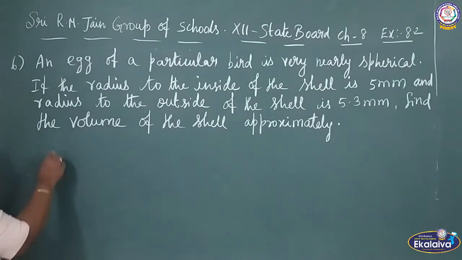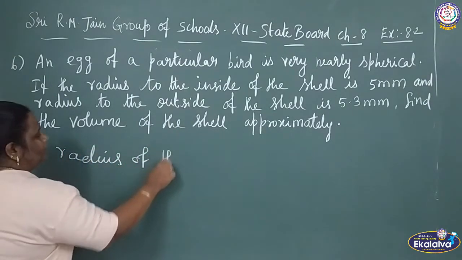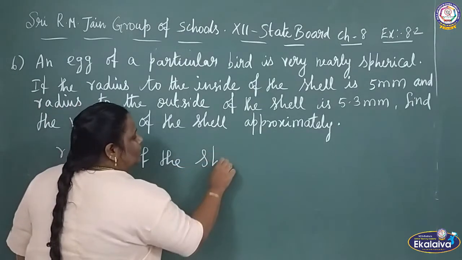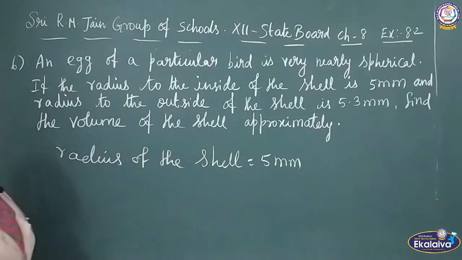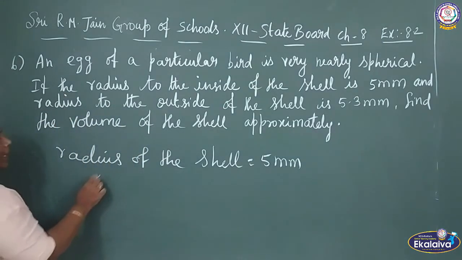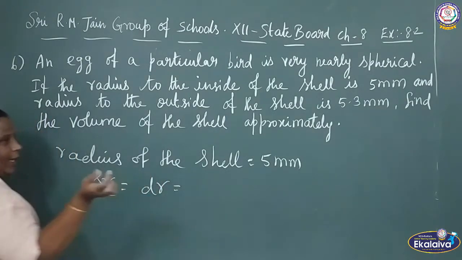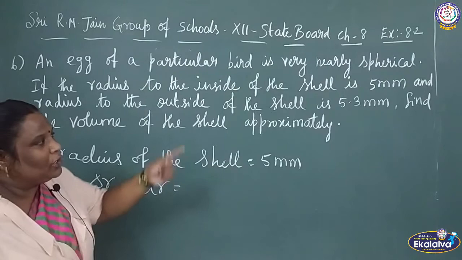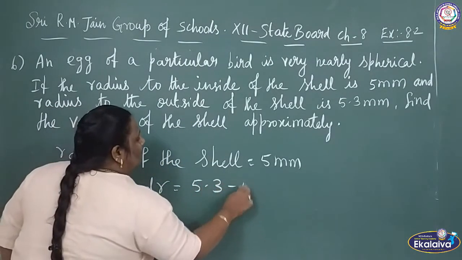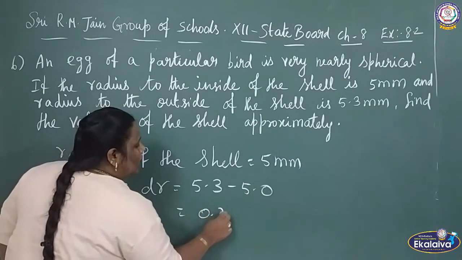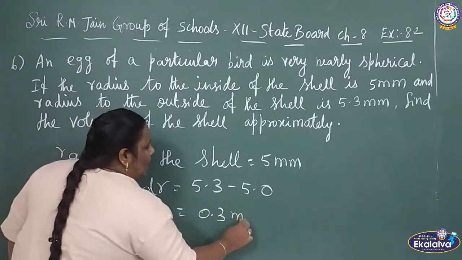So radius of the shell equal to 5 millimeter. Delta R equal to dr, that is the difference between outside and inside, because 5.3 minus 5.0 gives what? 0.3 mm.